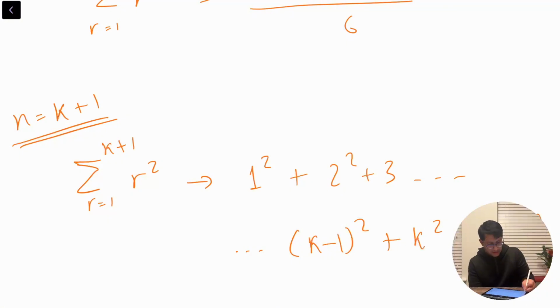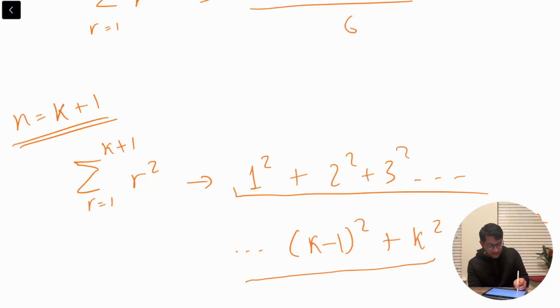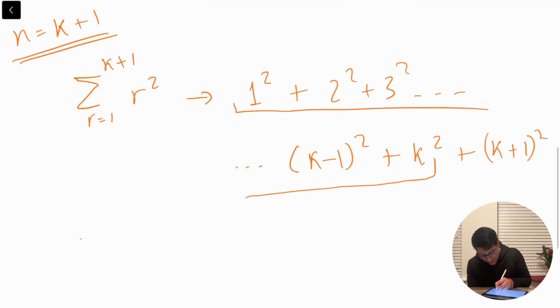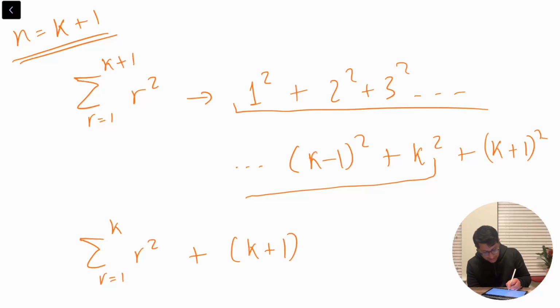That's all the summation of r squared means, from r equals 1 to r equals k plus 1. Now, if you notice very carefully, 1 squared plus 2 squared plus 3 squared plus 4 squared, and so forth, until k squared, isn't this just the summation from r equals 1 to k of r squared? We can just write this as that summation plus k plus 1 squared.